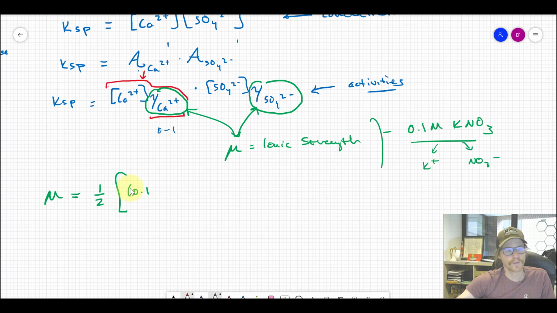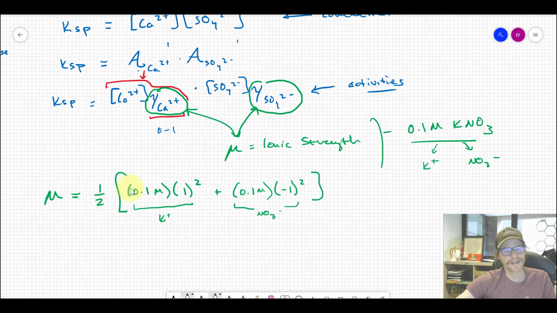So it'll be 0.1 molar times the charge squared on the first ion. If we're doing potassium, this will be 1 squared. So this is for the potassium ion here. Plus, this is the summation part, the concentration of the nitrate ion, which would be 0.1 molar, times -1 squared, which comes from the nitrate part, and that's it.